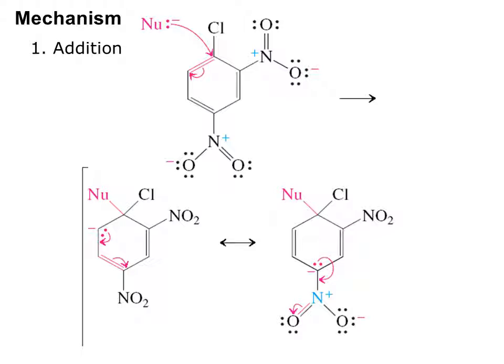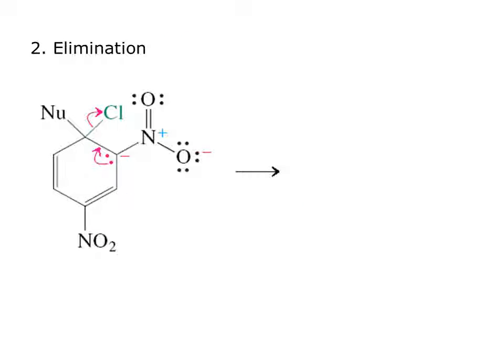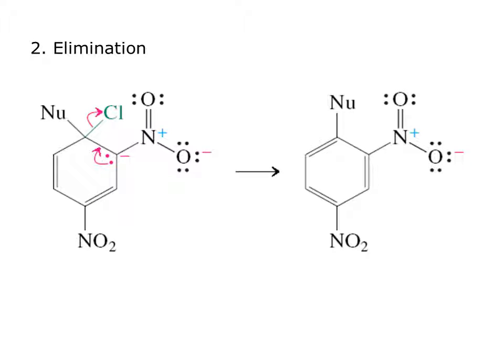So it adds to the stability of this anion we've created. Once it moves around to the other side, or you can do this as your second step after you add your nucleophile, you can drop that negative charge down, kicking out your chlorine, and we have ipso substitution with our nucleophile being replaced at the position of the chlorine.